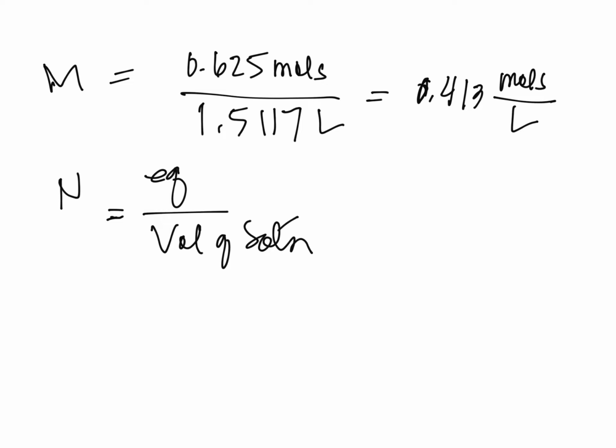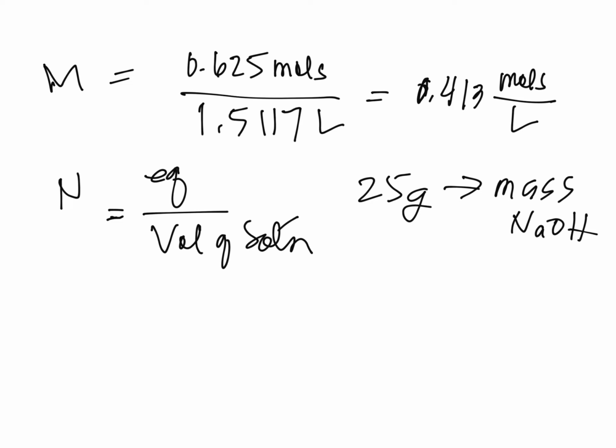We have here a correction for the calculation of normality because in the previous lessons or lectures that we have, we did not include the grams of the solute. As you can see, in this problem, we have 25 grams of the mass of the NaOH, right? So, in calculating the normality, we need to include this.